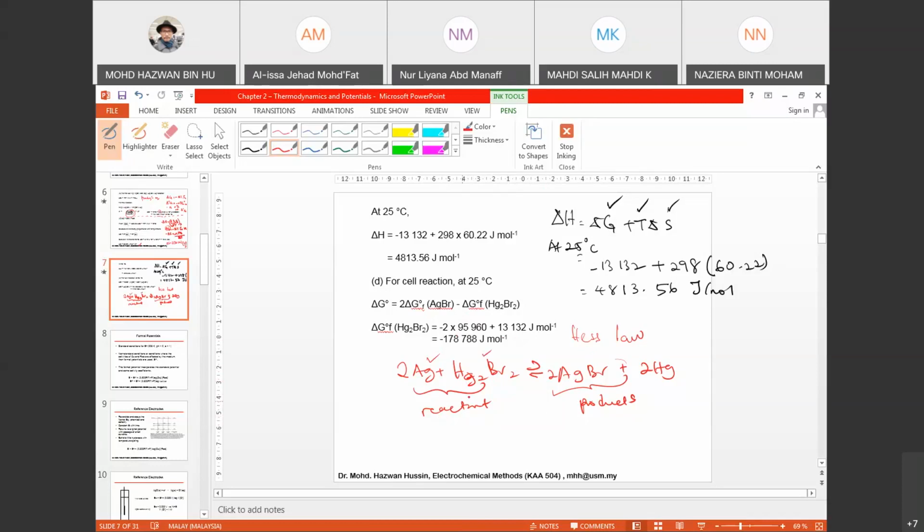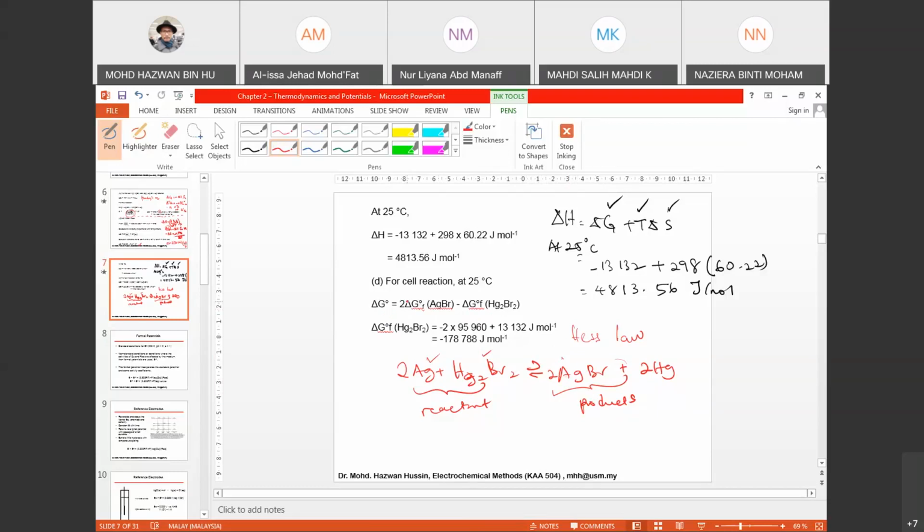Over here you will see that I will consider AgBr and also Hg2Br2. If you look at the equation for the formation of Hg2Br2, you will need 2 AgBr.